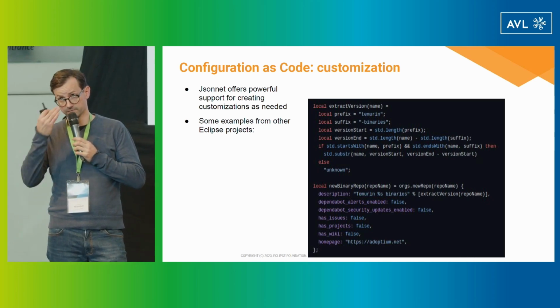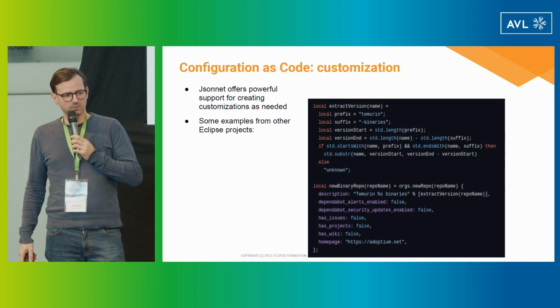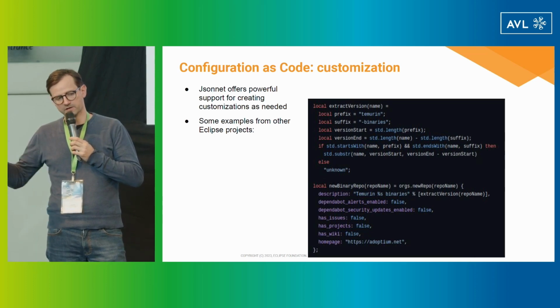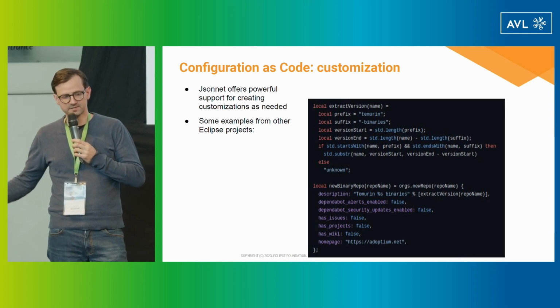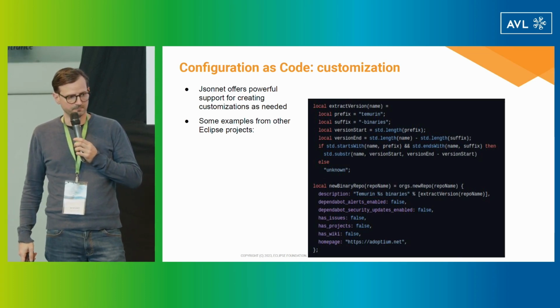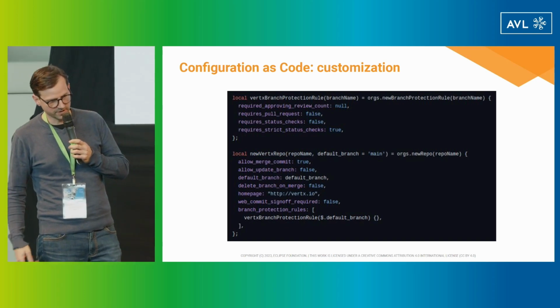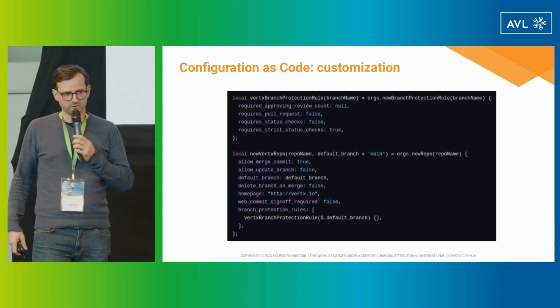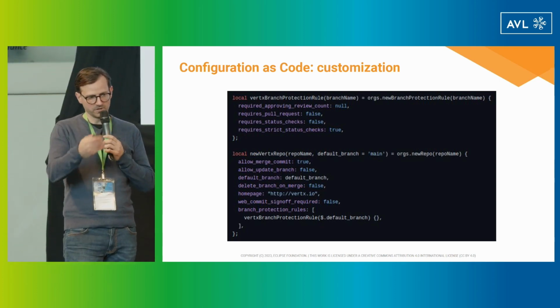They have, I think, 65 repositories, and they would like to have this as clean as possible and as secure as possible, of course. So basically enabling all the settings that are suggested right now. Here's also another example for a Vertex project where they would like to have consistent branch protection rules for their repos, and you can do it like that.